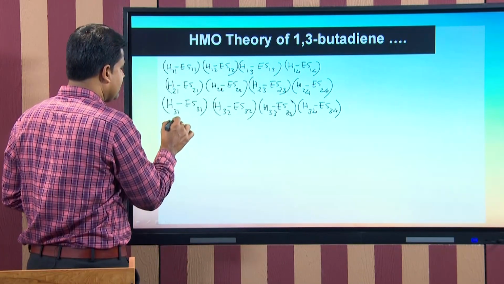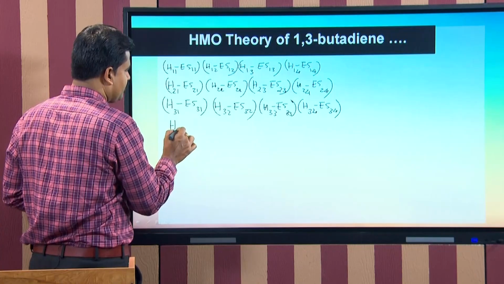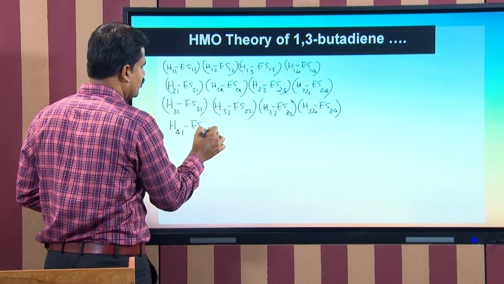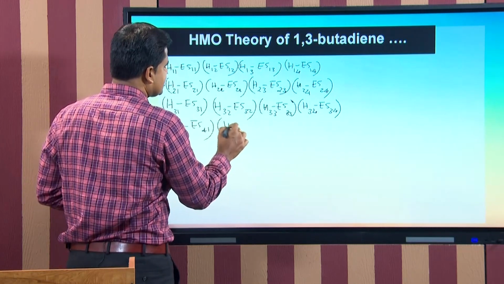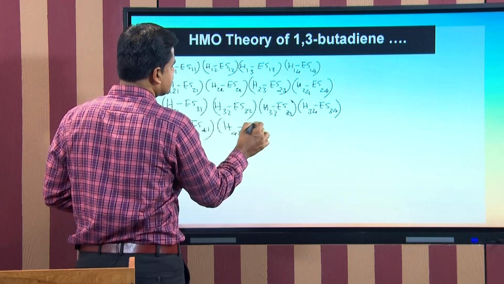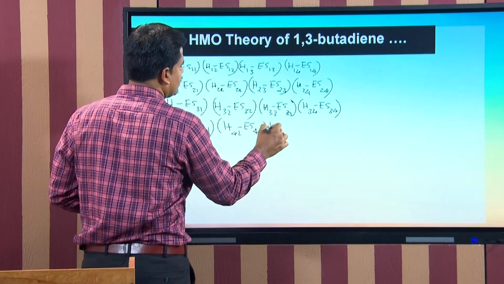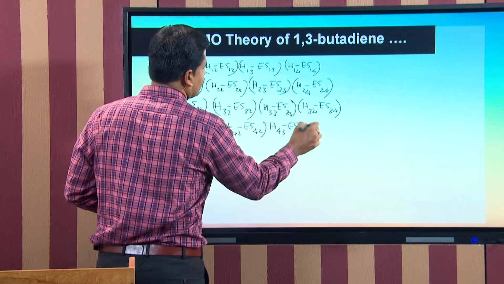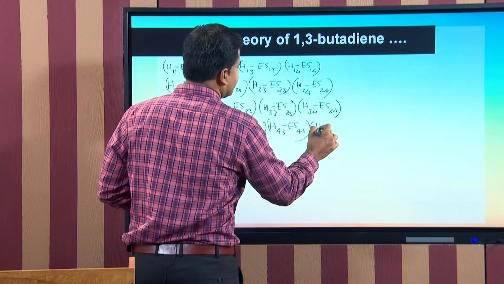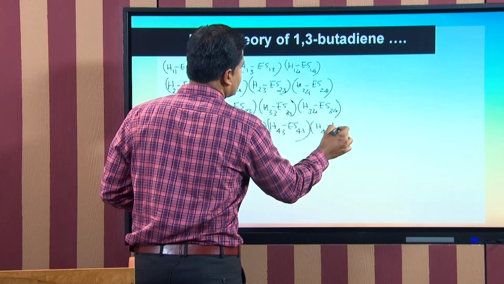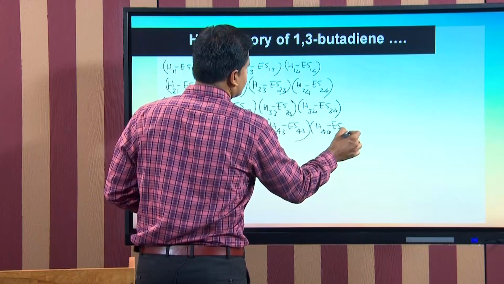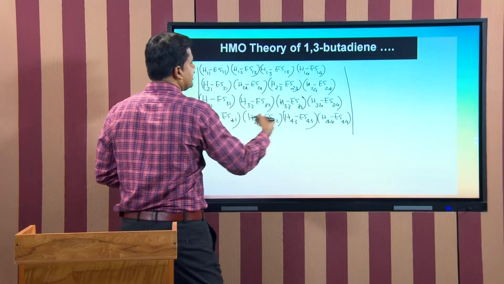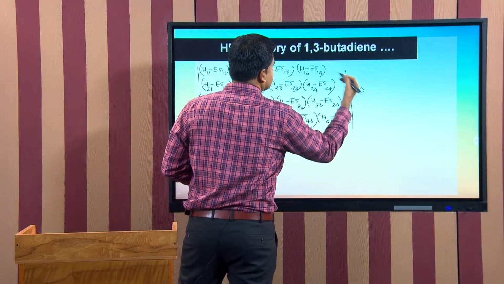Last row, H41 minus ES41, H42 minus ES42, H43 minus ES43, and finally H44 minus ES44. And this determinant value is taken as 0.